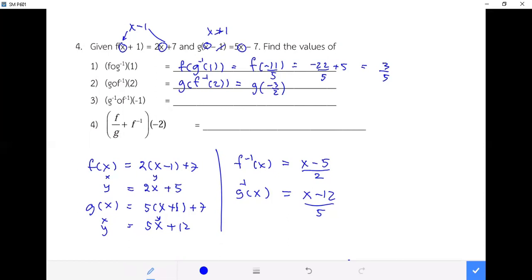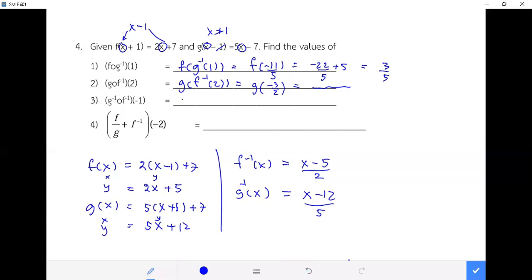I think you know how to do this one now. Very easy. Maybe I'm going to stop this one here. It's so easy. You do it by yourself, okay? You know the steps now. Just put it there.